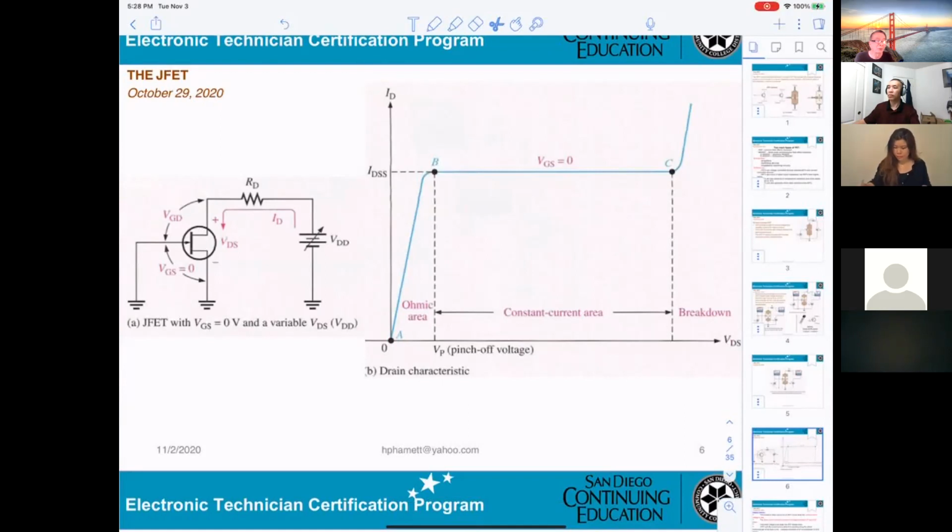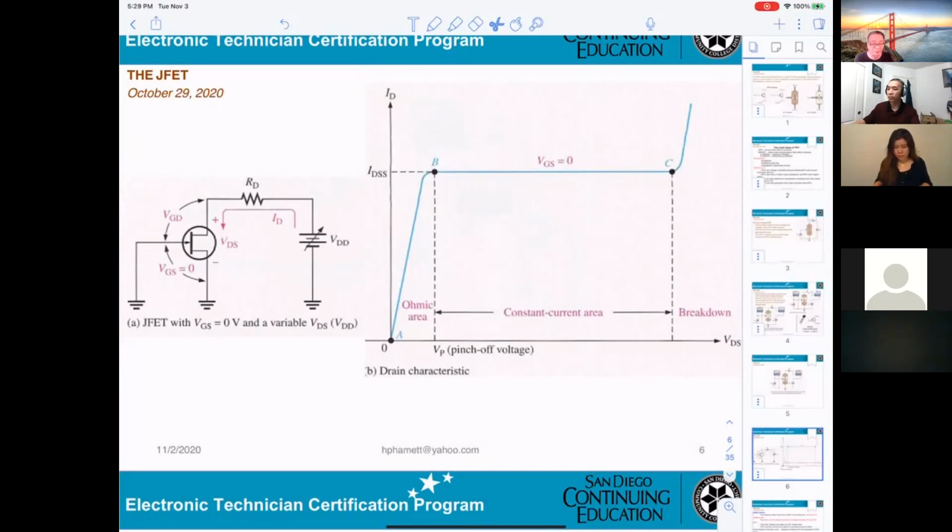Also we can talk about VGS off. At VGS off, what does ID equal? ID equals 0. Same thing, at VGS off, ID will be equal to 0.